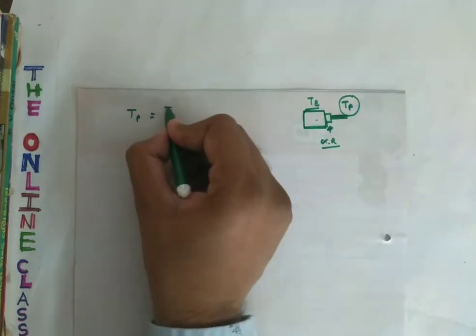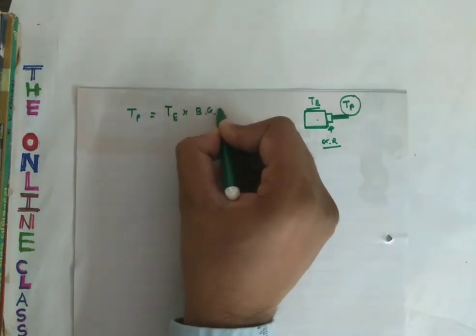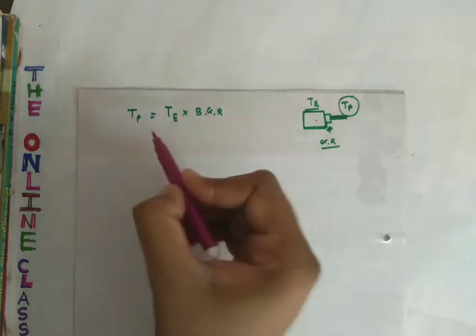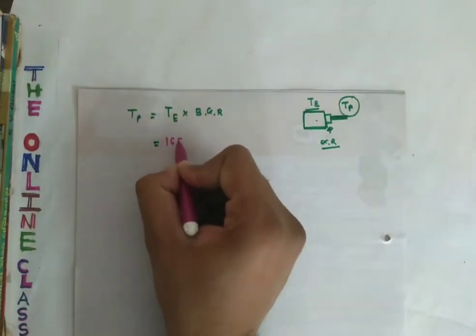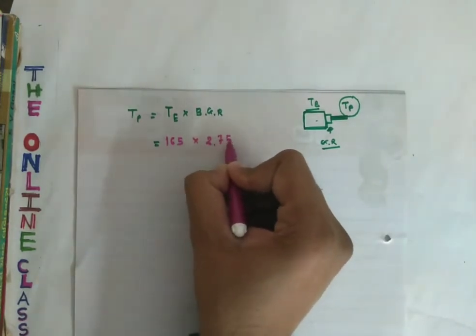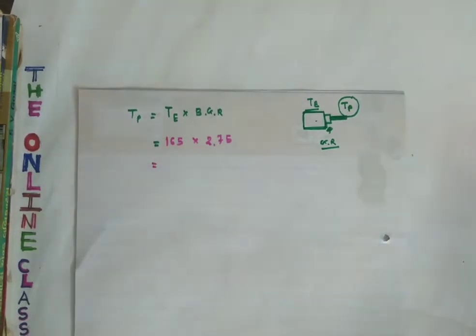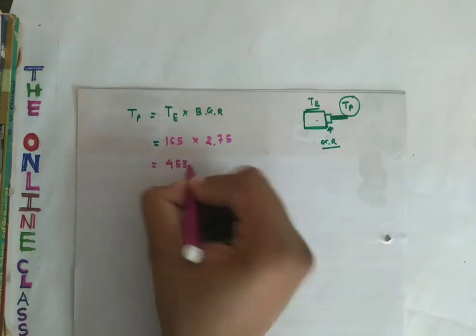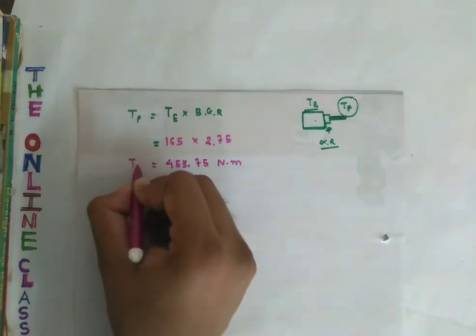So Tp is equal to engine torque into bottom gear ratio. Engine torque is directly given, so no need to find. Engine torque is 165 into bottom gear ratio 2.75. Multiplying 165 into 2.75, we find 453.75 Newton meter, Tp.